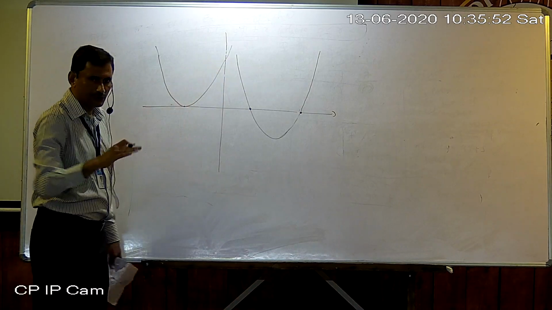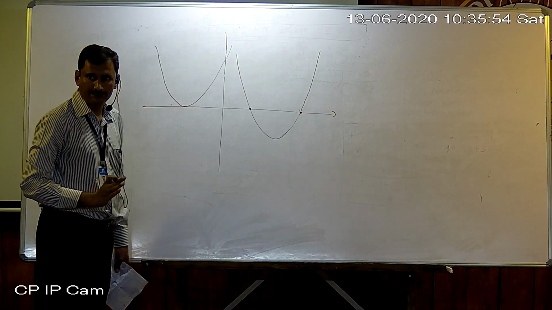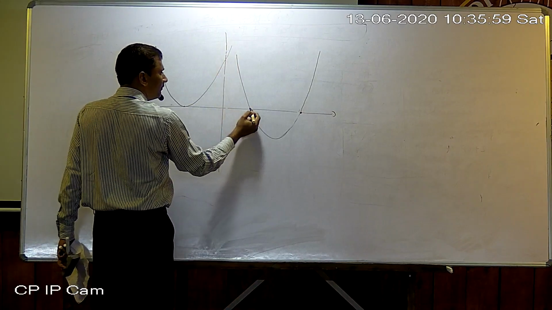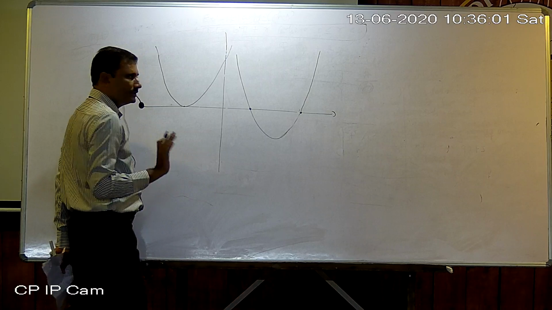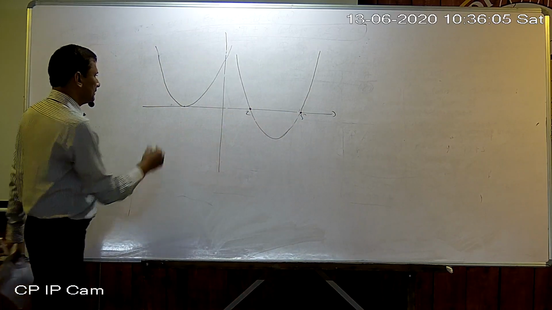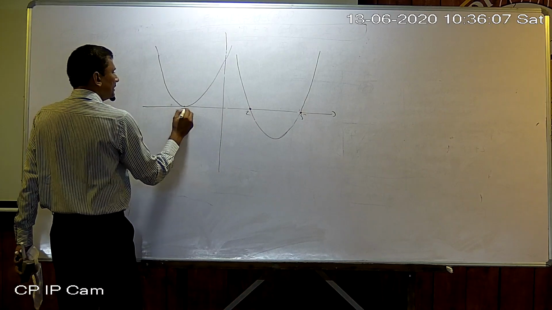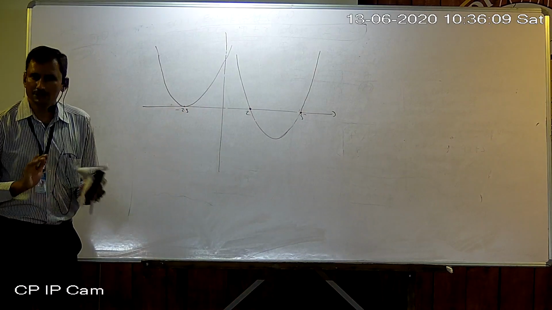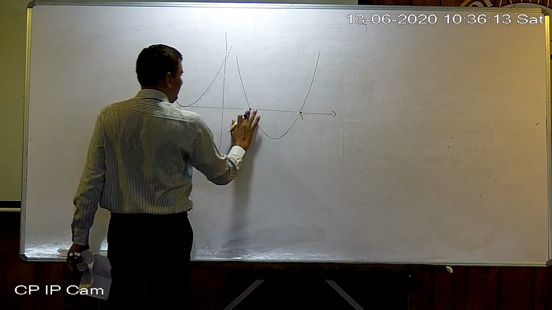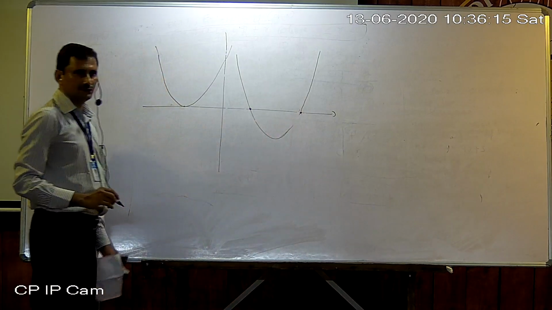The y-axis is not important. The x-axis is important. Why? Because P of x means the value of y is 0 here, not x is 0. Suppose this is 2 and 5, so 2 and 5 are zeros of the given polynomial. Suppose this is minus 2.5, then minus 2.5 is the zero of the given polynomial. Values again are not important, the number of zeros is important.